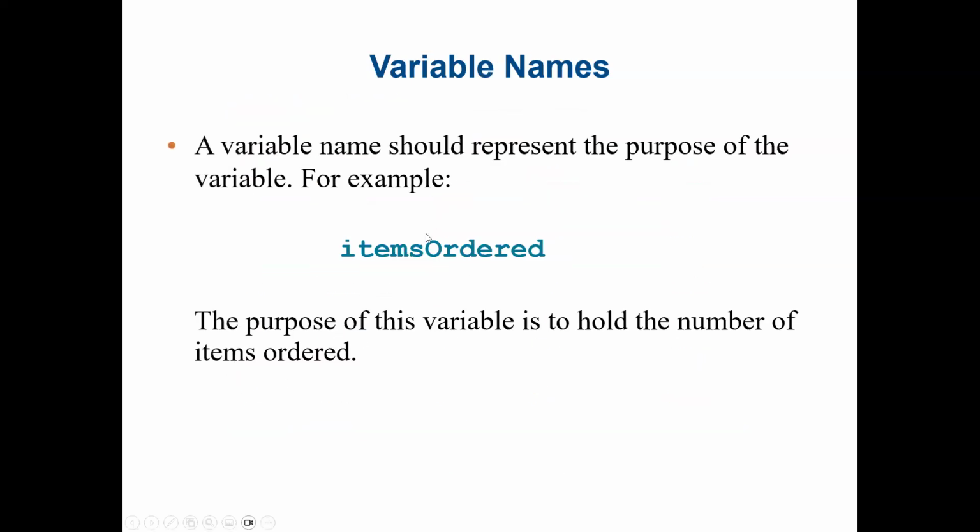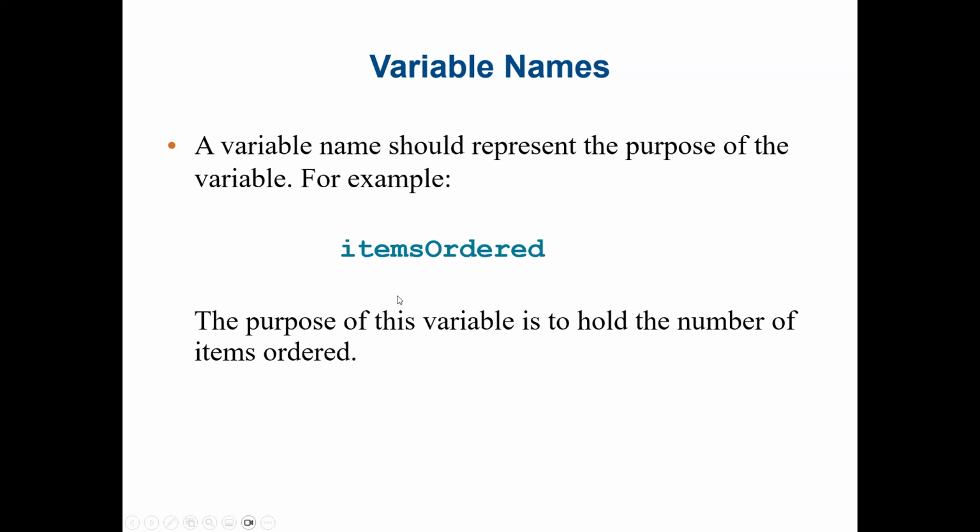Variable names should represent the purpose of the variable. For example, items ordered. Now, if I want to store the record of items ordered and I name the variable X, it's not readable. It's difficult, since X can hold any value. So this is conventional, it's not a rule, but it's always good to name a variable based on its content.